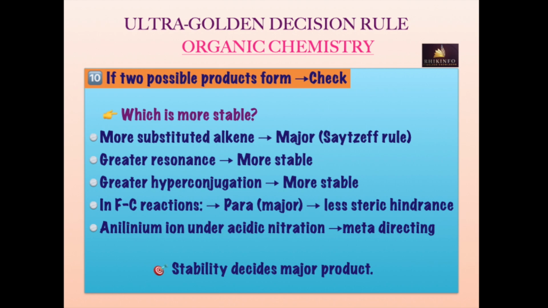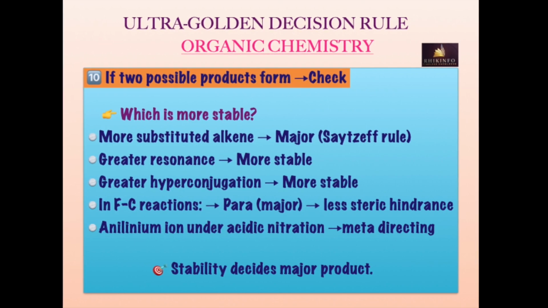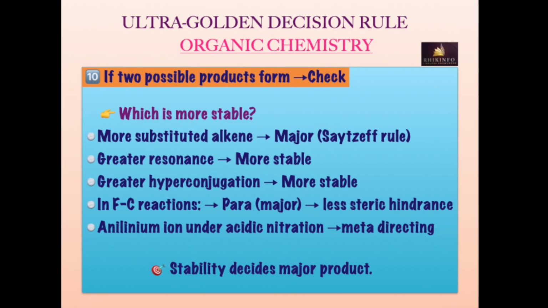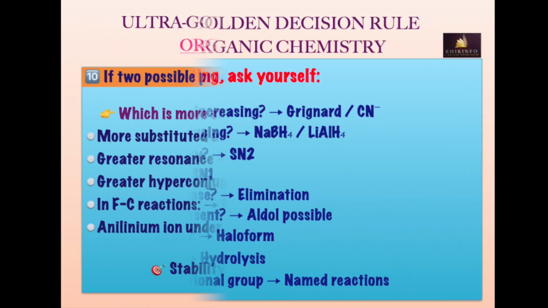And in benzene derivatives, para products are often major in Friedel-Crafts reactions due to less steric hindrance. Make note, anilinium ion under acidic nitration is meta-directing. Thus, stability decides the major product formed.